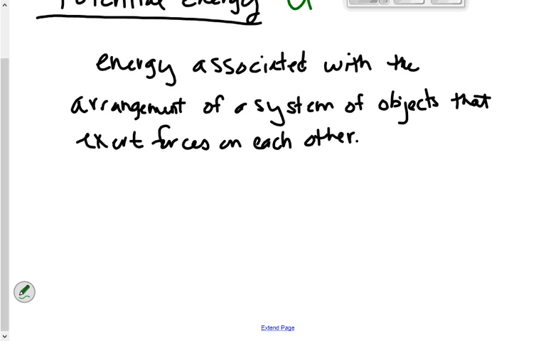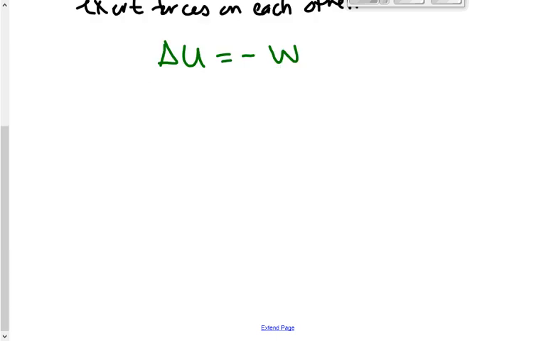So what we end up with is that the change in potential energy is equal to the negative of the work. Now you will of course ask yourself, why is there a negative sign there? Well, somebody brought up a couple of minutes ago that work is a transfer of energy and that work is also equal to the change in kinetic energy.